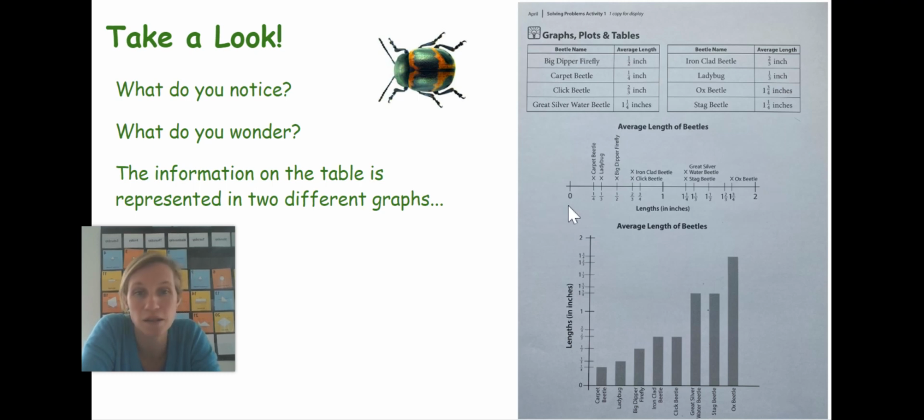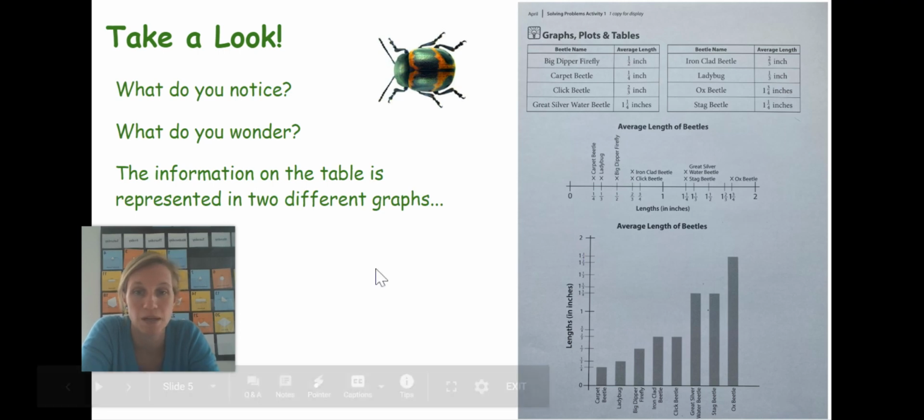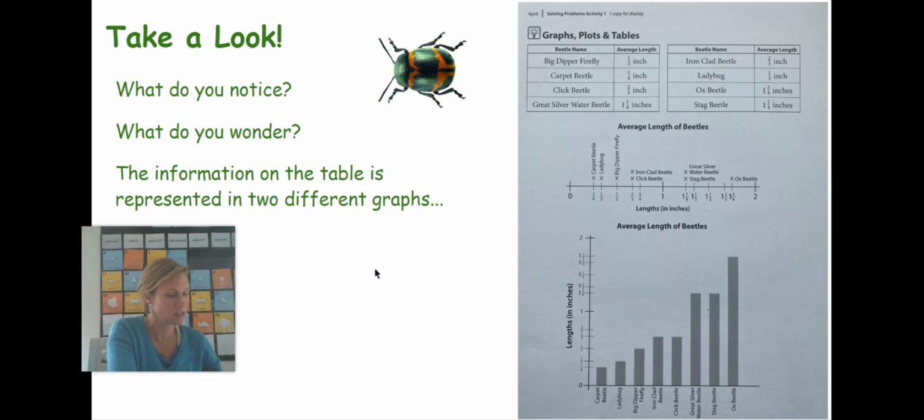I also notice on the line plot that the data is in order from smallest to biggest. And on the bar graph, I notice that the data has some plateaus, and it's also from smallest at the bottom of the y-axis to the largest at the top. Did you notice the same things?